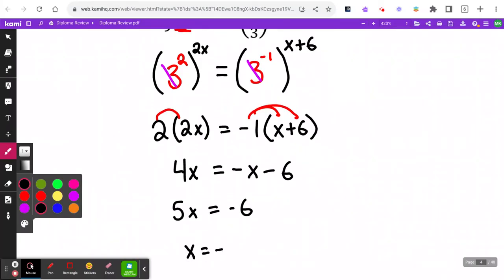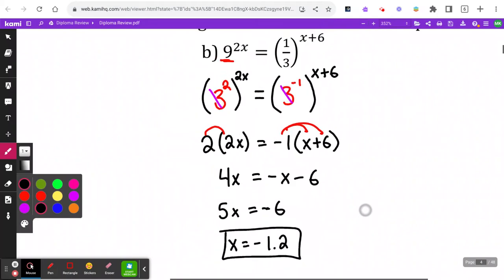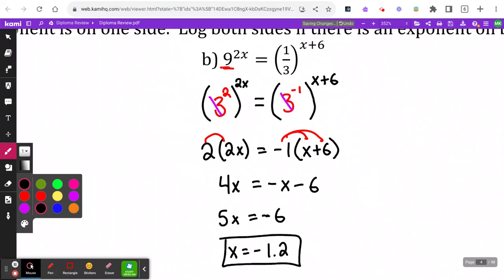X equals negative 1.2. Oh, negative 1 times positive 6 is negative 6. This is a 6, right? Yeah, it's a 6. Again, that same base. They do love to give you that negative exponent stuff.